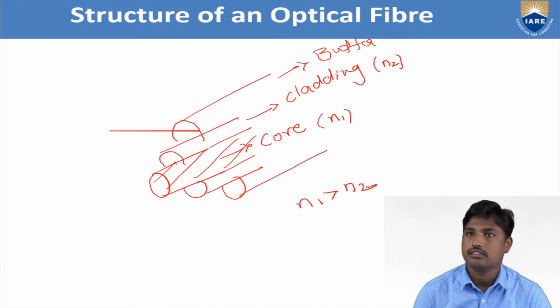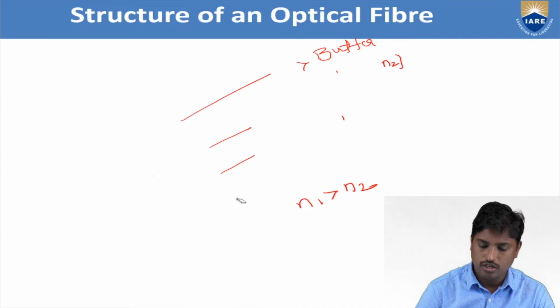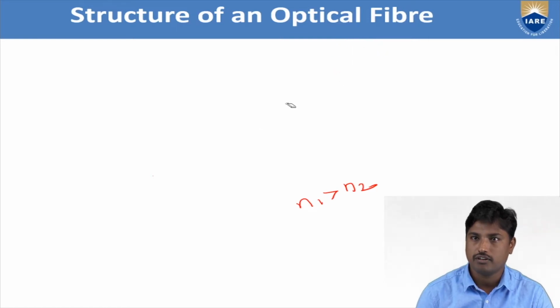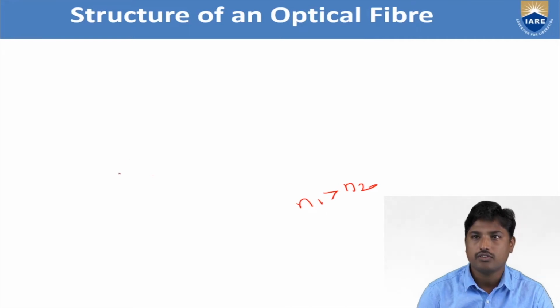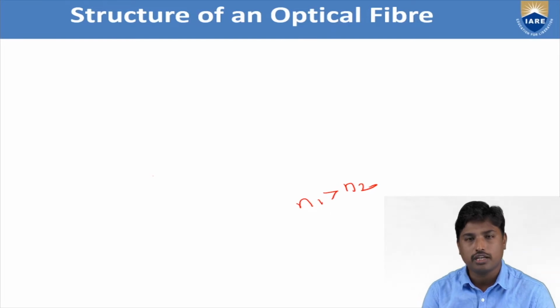The three sections are the core, the cladding surrounding the core, and the protective layer called the buffer sheet. The core refractive index is slightly greater than the cladding refractive index to satisfy the principle of the optical fiber cable.